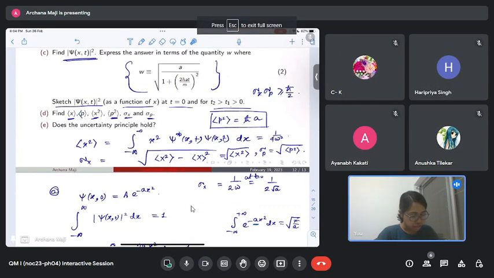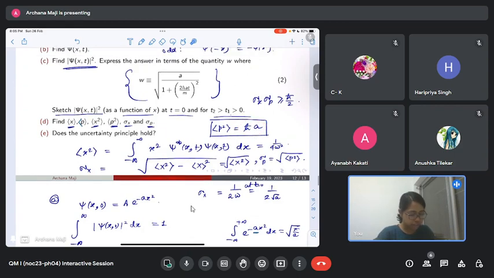Okay, and sigma x is defined as the square root of x square expectation value minus x expectation value square. Since this is 0, it is just the square root of the x square expectation value. So that is your sigma x, and the square root of the p square quantity is your sigma p.